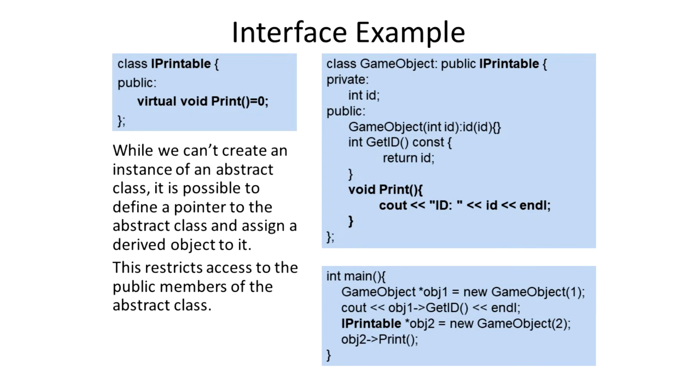But anyway, here in the second example of dynamic objects, we've got something interesting here because we're creating a pointer to a parent object, iPrintable, the abstract class, and then we're assigning an address of a child class, the game object.